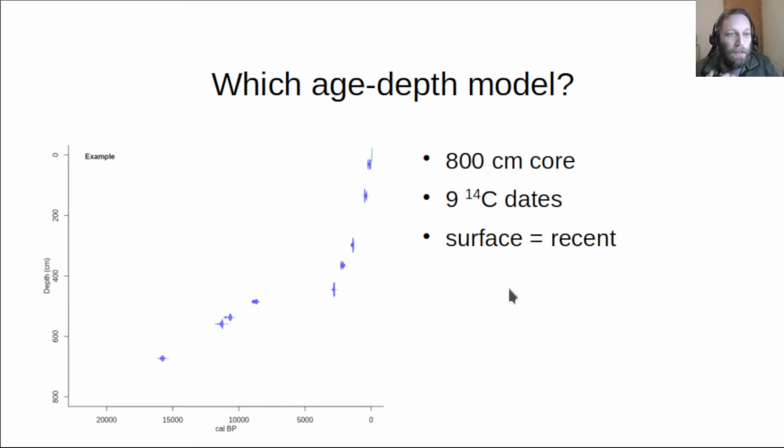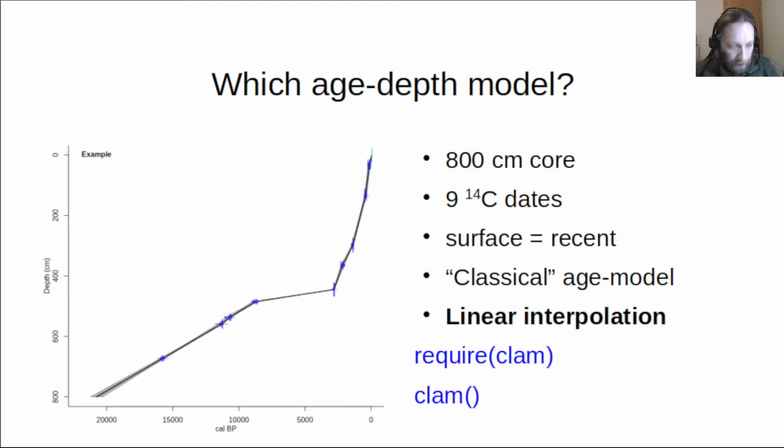Now, if you want to produce an age-depth model for this dataset, we can go, for example, using a basic model. We can simply connect the dots. Simply draw straight lines between the neighboring dots. And that's your classic linear interpolation, which used to be the most popular model for a long time.